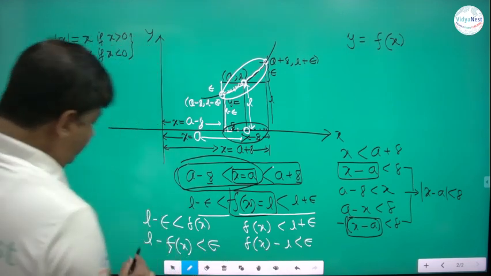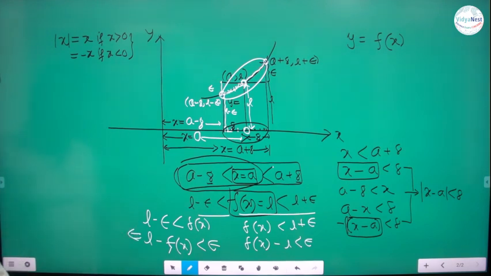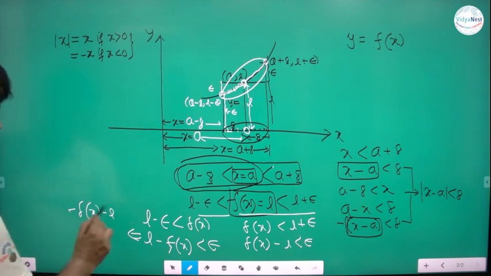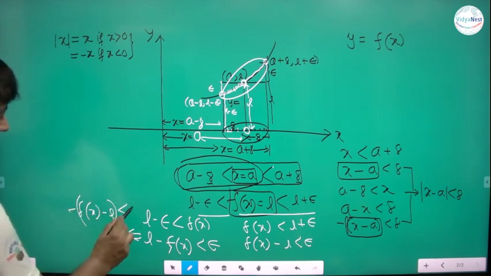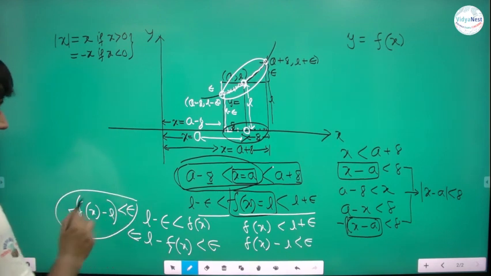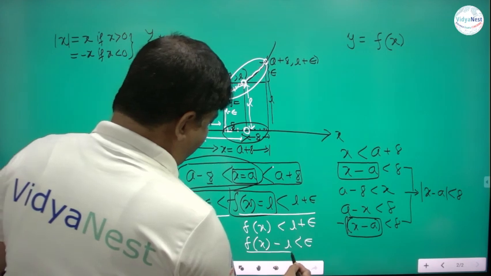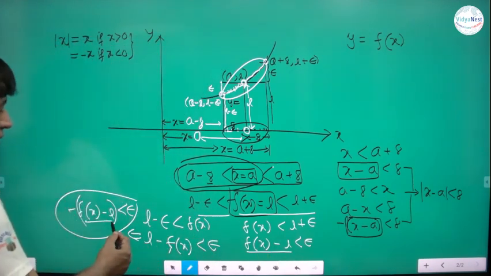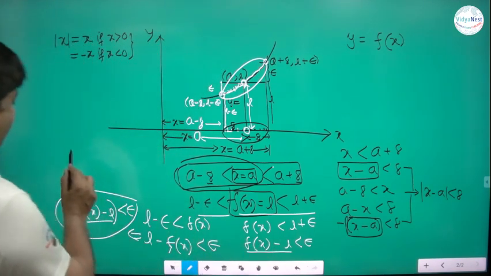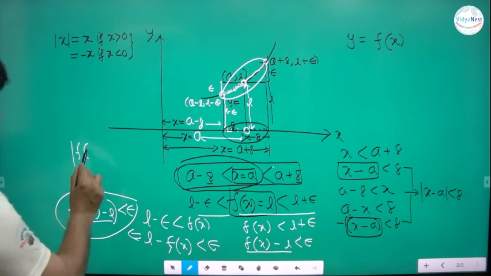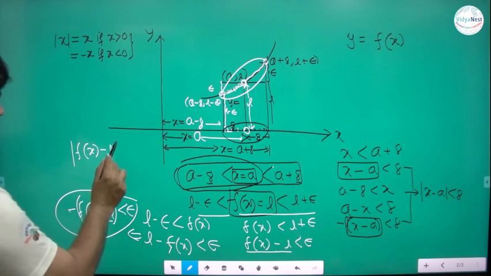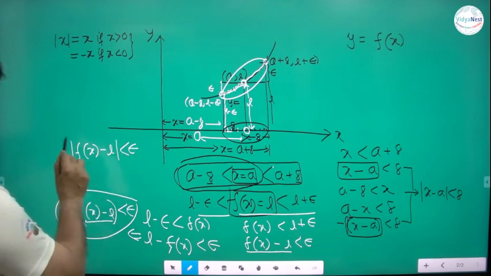So instead of this, I can write minus of fx minus L less than epsilon. So plus fx minus L and minus fx minus L together give us mod fx minus L. Yes or no?